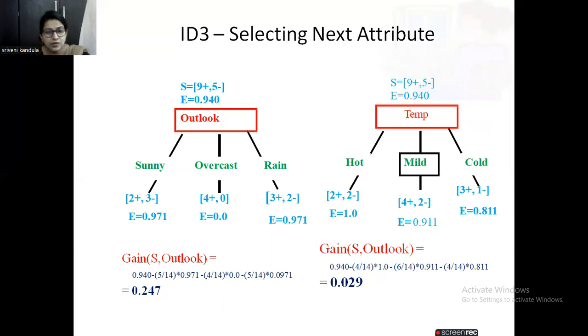Mod SV of overcast is 4. 4 examples we have, all are positive.